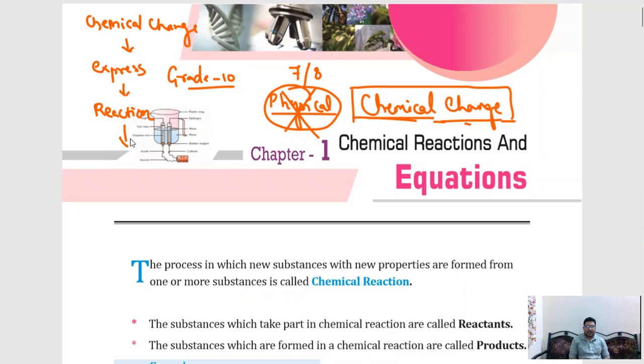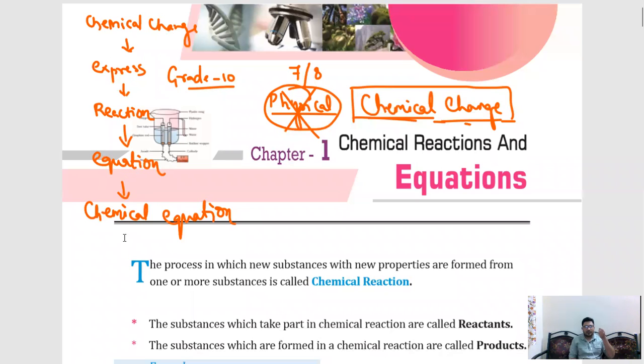And if you can write that reaction in the form of an equation, then that is known as a chemical equation. Try to understand that flowchart. Whenever you observe some chemical change, you can explain it in the form of a reaction, and that reaction in short form you can write as an equation.